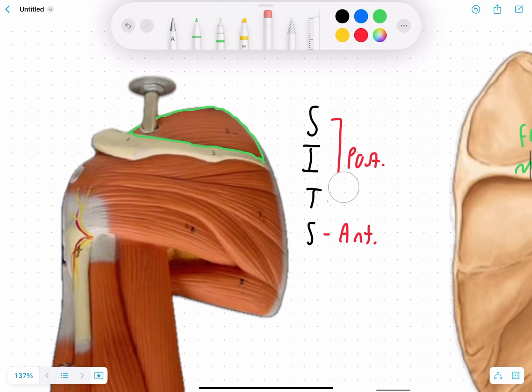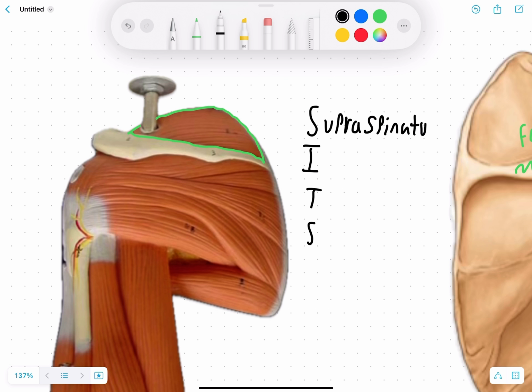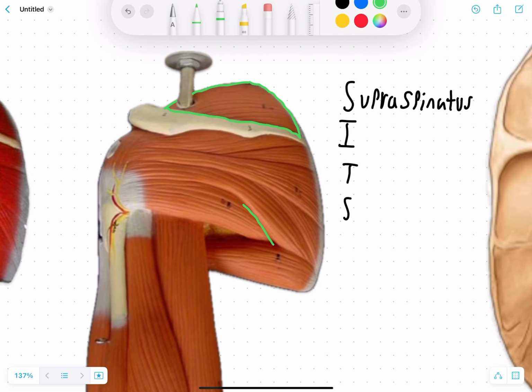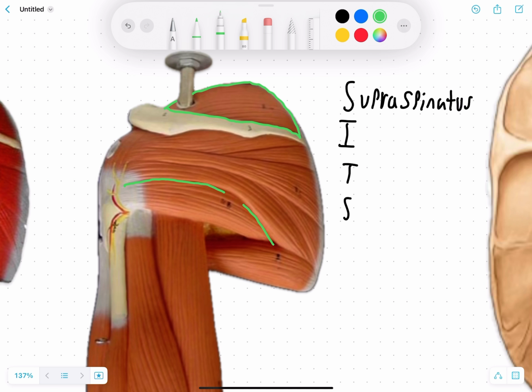And actually, I'll go ahead and now write out our muscles here as we do this. So we've got our first muscle, which is called the supraspinatus. All right, and then we've got another muscle that's located in that infraspinous fossa that's beneath that spine, and we give this muscle the name infraspinatus. And so this right here is all of our infraspinatus muscle.